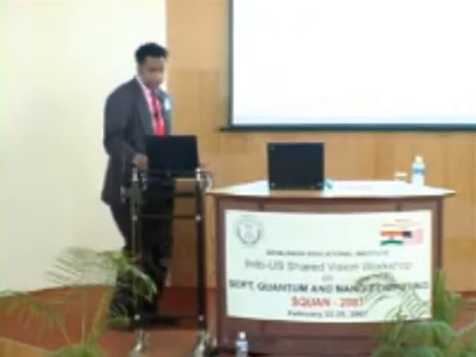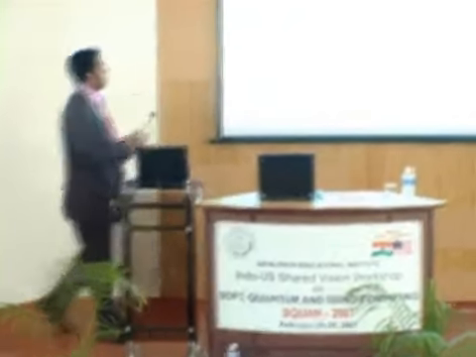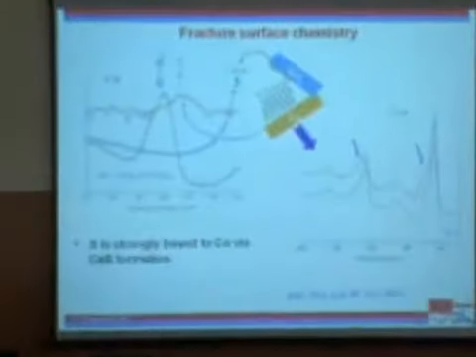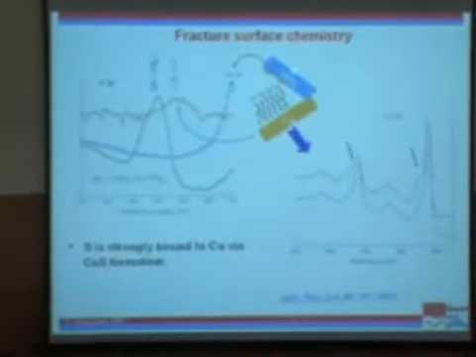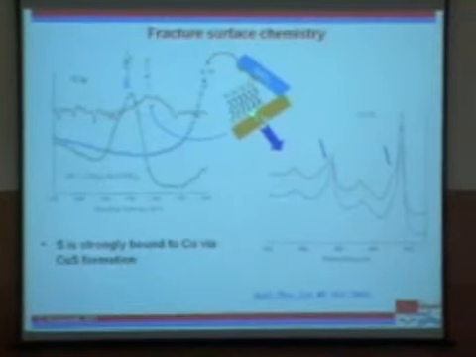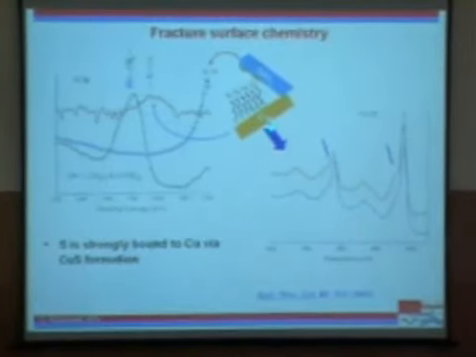So that is not all. And we know why this is happening. I won't go into the gory details of the spectroscopy studies that we did, but let me just mention that copper and sulfur bond, and that bond is actually shown by spectroscopic signatures over here, and the breakage actually occurs on the silica side of the interface.